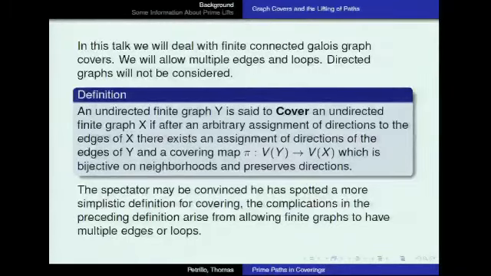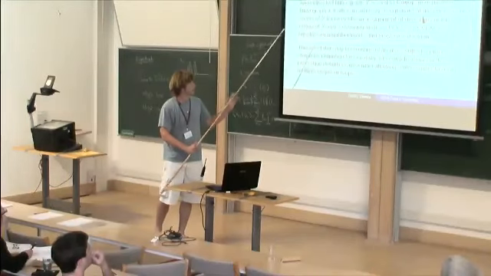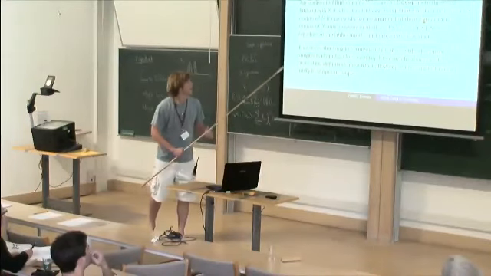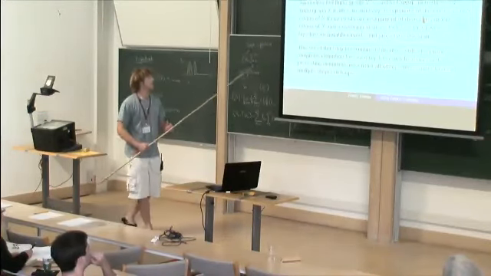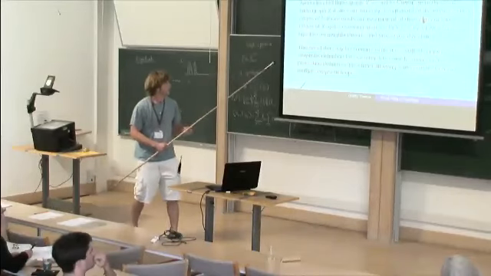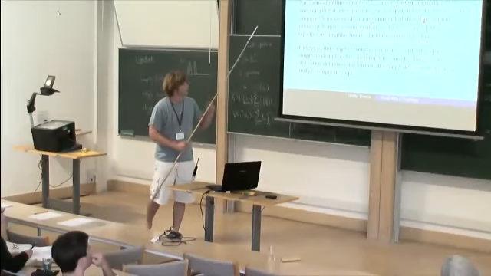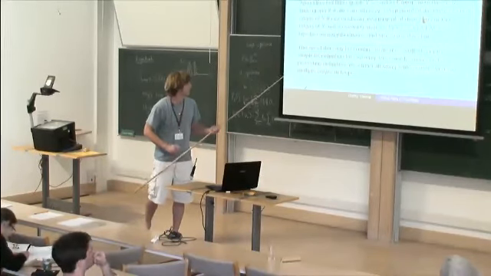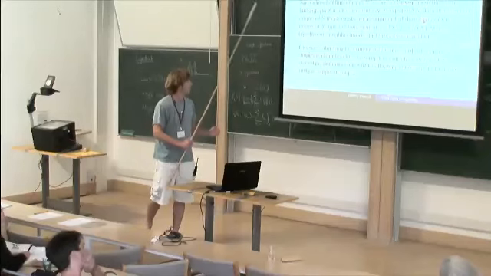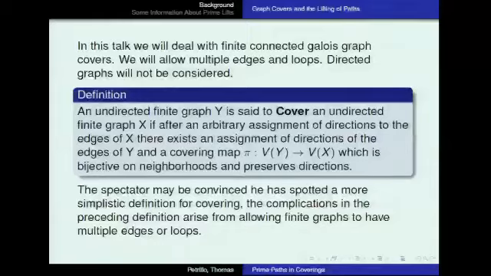Just to refresh your memory, an undirected finite graph Y is said to cover an undirected finite graph X if, after an arbitrary assignment of the direction of the edges of X, there exists an assignment of the direction of the edges of Y and a covering map which is bijective on the neighborhoods of the vertices and preserves directions.